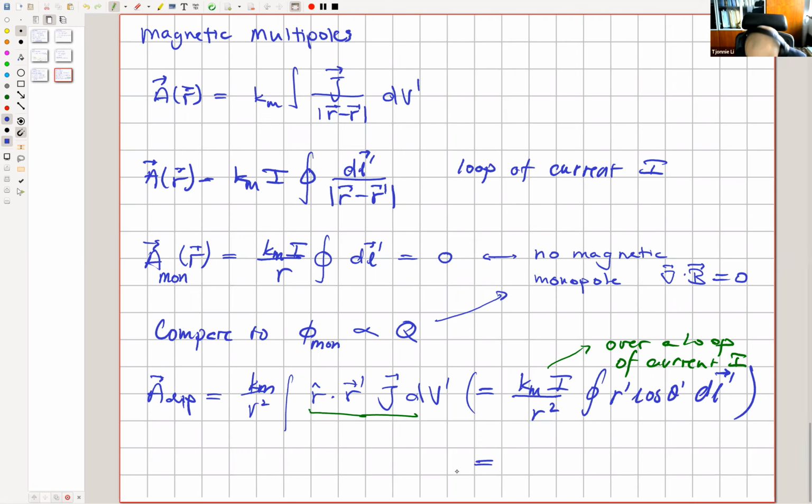Actually, the expression is the easiest in this loop. And this is actually simply given by km over r squared m cross r, like this.